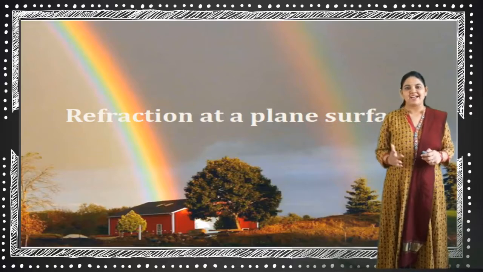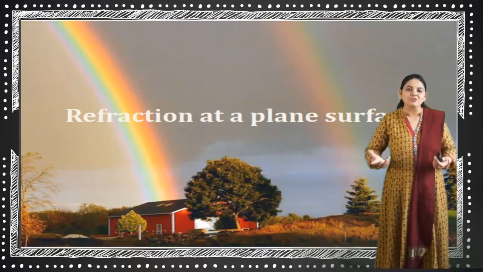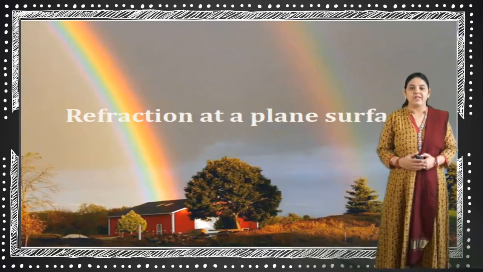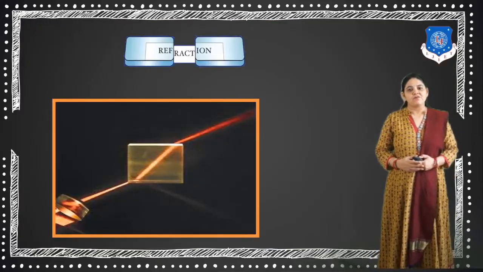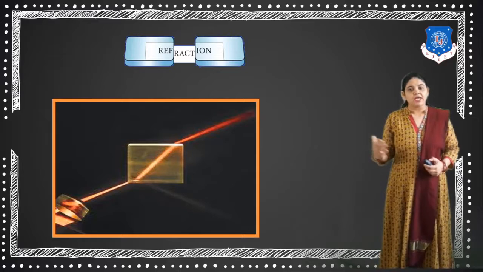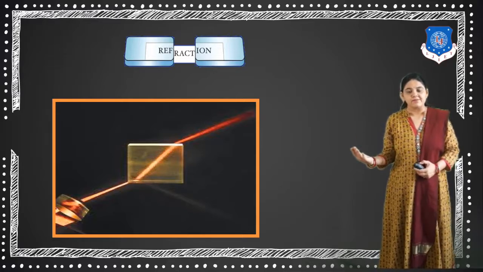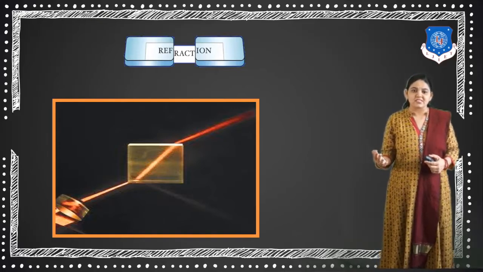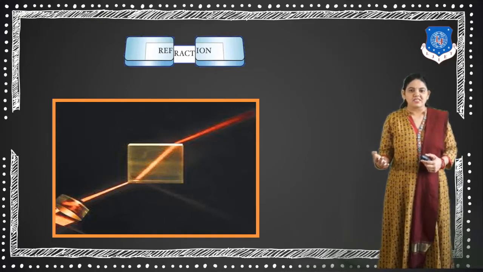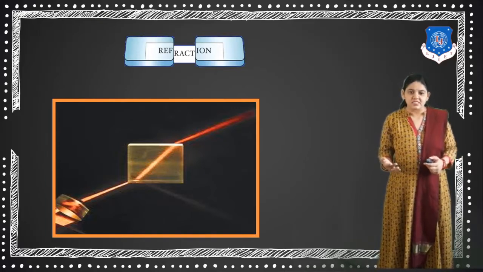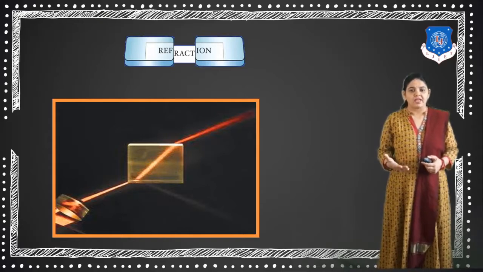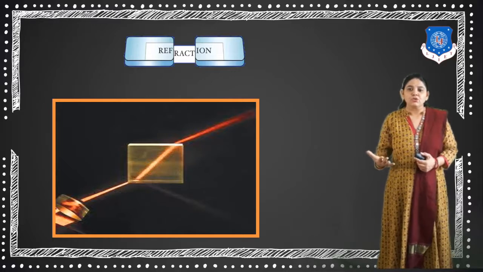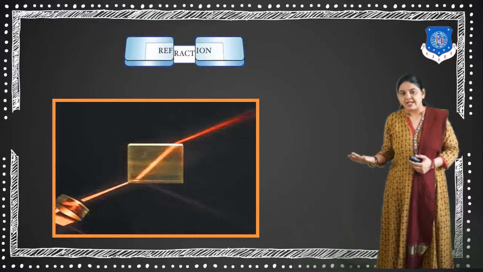Here you can see how refraction occurs naturally. So, refraction at a plane surface. Now what is refraction? Here you can see in the diagram we have a light source. The light from the light source will pass, so we say that it's an incident light or ray. Now it is passing from the air medium to, here you can see, the glass.